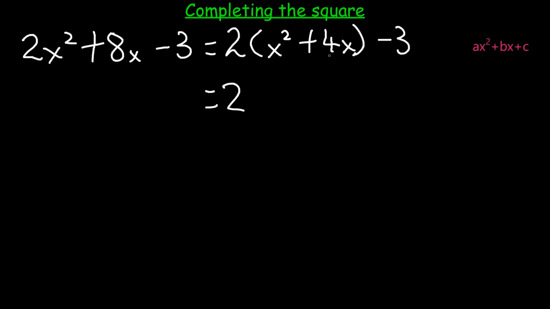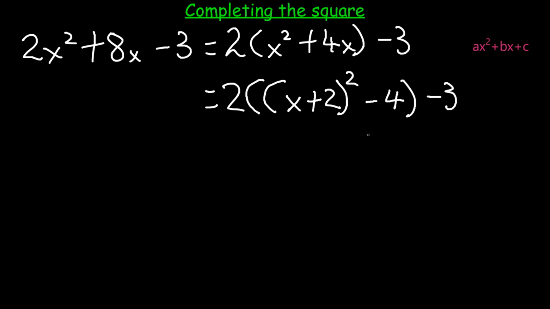We need to make our expression for this. So inside these brackets we have x plus half of the coefficient of x, and then we square those terms, and we need to subtract the square of this number here, which is 4, and then we have our minus 3 on the end.